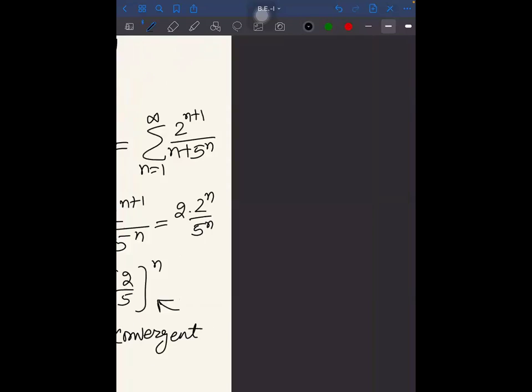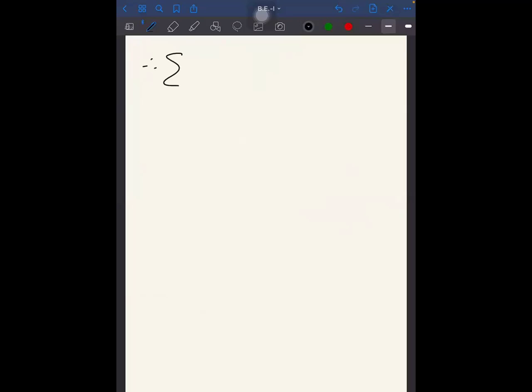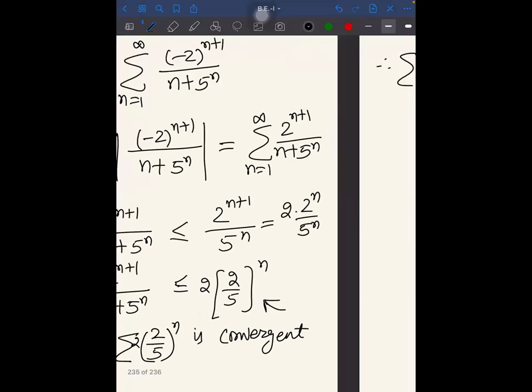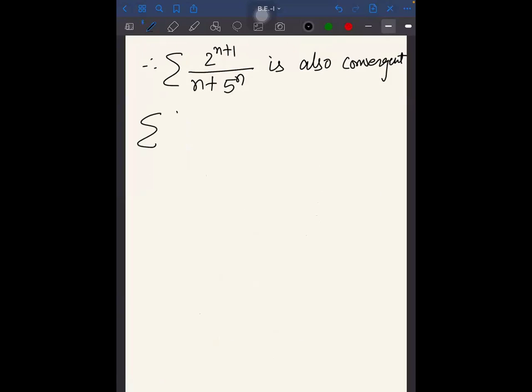Right? So therefore, summation 2n plus 1 upon n plus 5n is also convergent. And what are we gonna say about our original series? Our original series will be what?